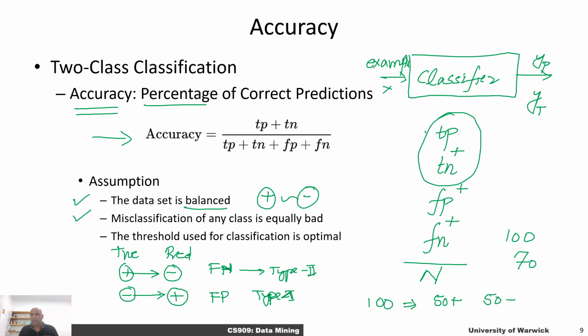But in certain cases it might. So for this second assumption, when you're using accuracy as a metric, it's always important to understand the impact of type 1 and type 2 errors. So think about it before you start using accuracy.